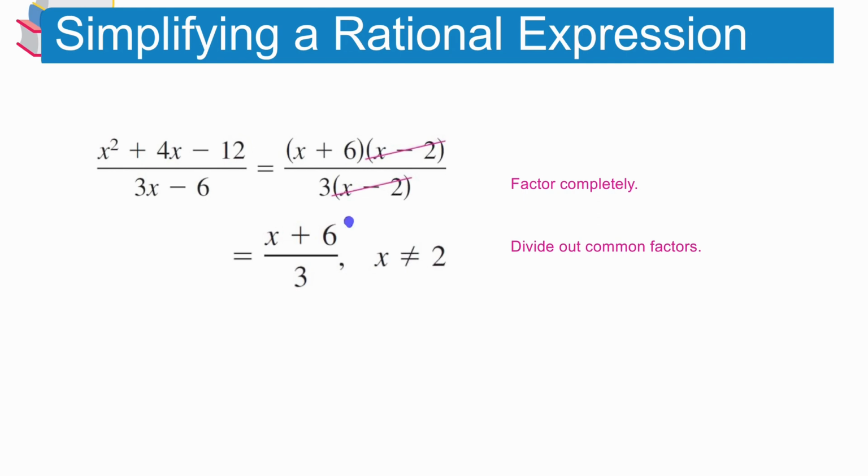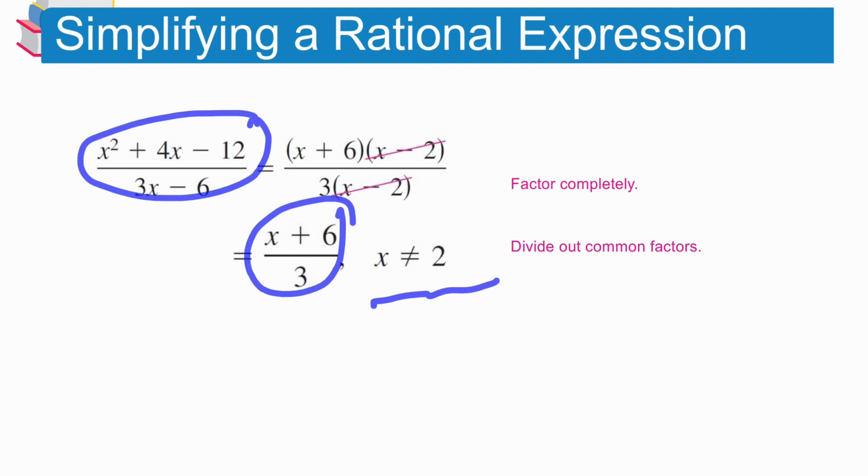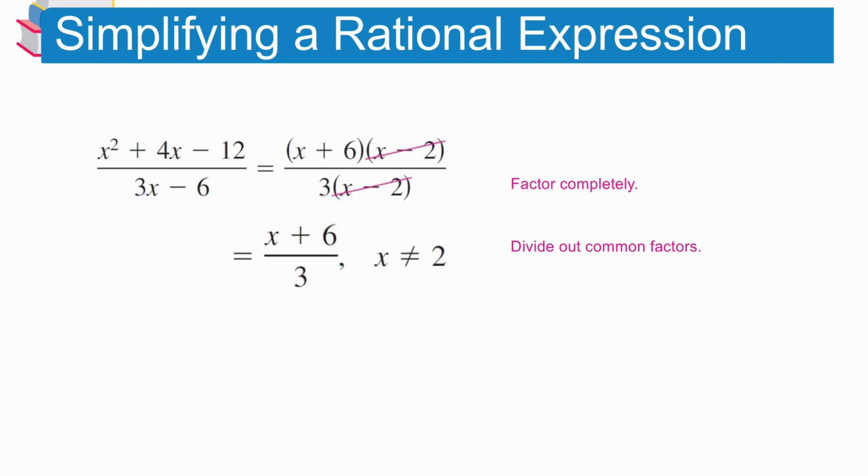Now, if we had not canceled this out, we wouldn't have said this part. But whenever we simplify, unless it asks us for the domain, if it doesn't ask us for the domain, we don't have to tell this stuff unless we've canceled stuff out. And so this and this are the same as long as x does not equal 2.